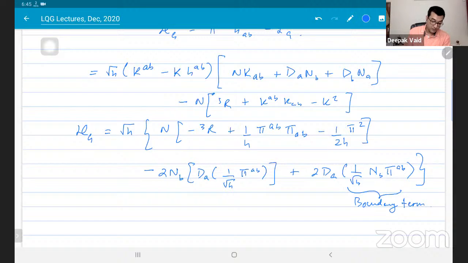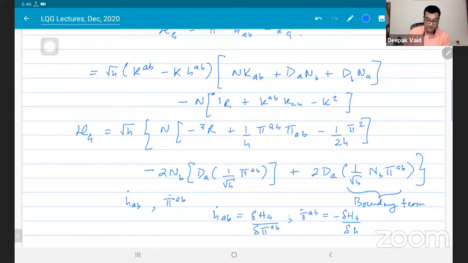The equations of motion will be some equation for h_AB dot and pi^AB dot. And for these, I would use the usual prescription of Hamiltonian mechanics, which is that h_AB dot is this, and pi^AB dot is minus delta H by delta h_AB. So this is just the usual Hamiltonian prescription.